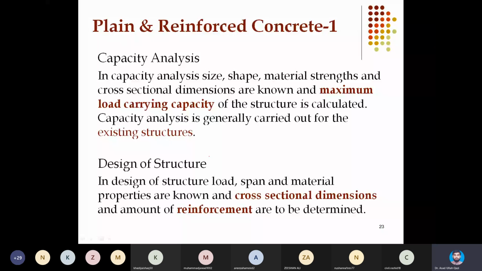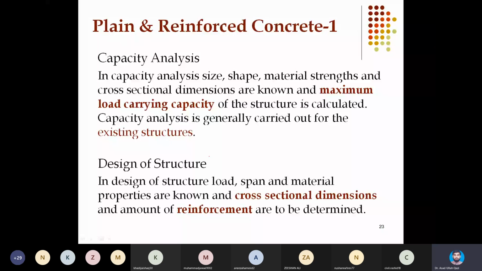Make all these decisions and tell us that against this load, what are the structural details which are required.